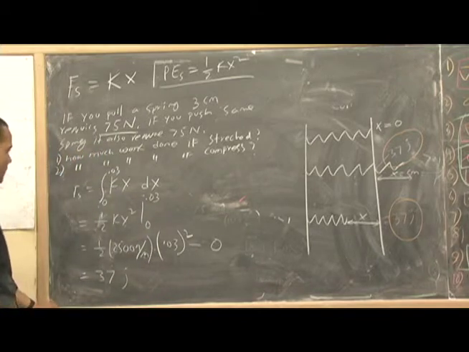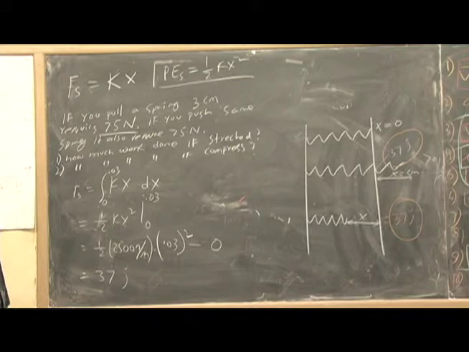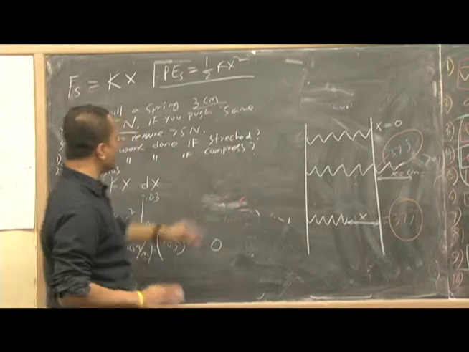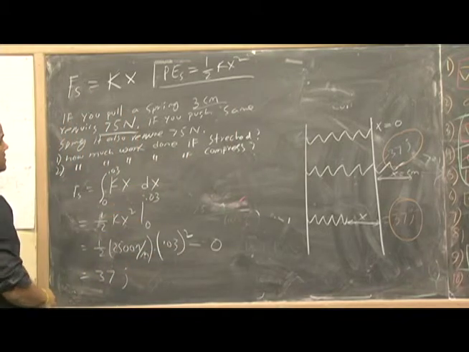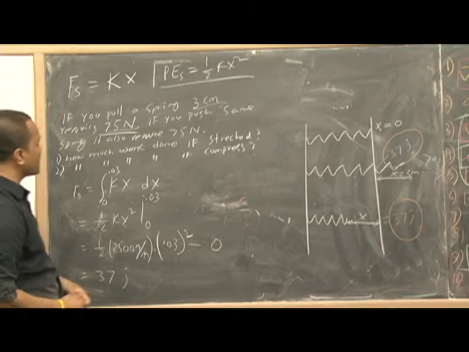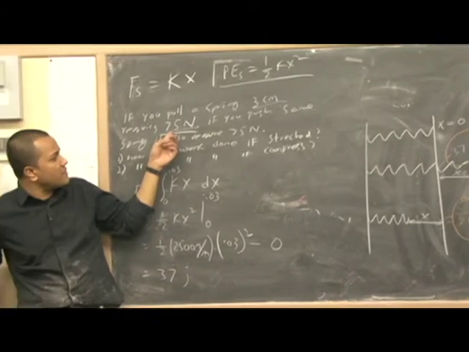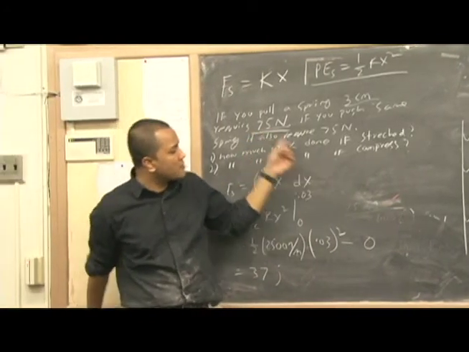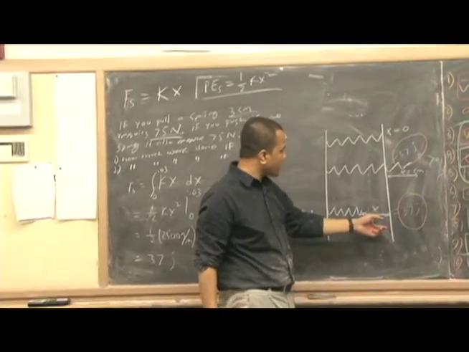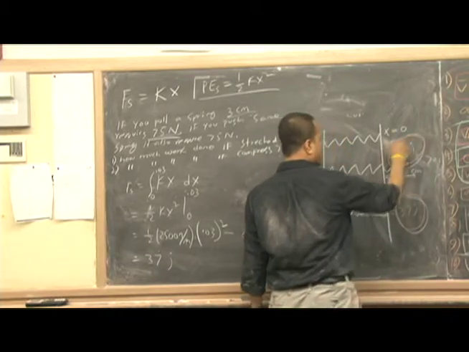Because when you pull, you have to exert 75 Newton in order to stretch it 3 centimeters, and when you push, you have to exert 75 Newton to compress it 3 centimeters. So the work done is the same regardless of whether you are pushing it or pulling it.